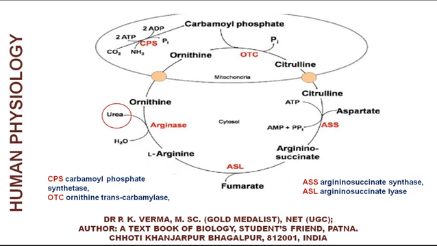At the bottom of the diagram, the full names of enzymes used in the urea synthesis have been written, and their abbreviations such as CPS, OTC, ASS, ASL have been used in the diagram.